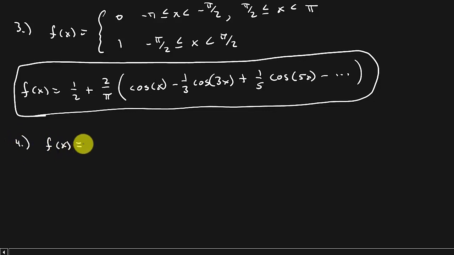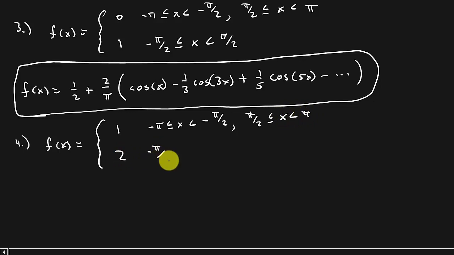So for number 4, we've got f of x is equal to 1 from negative pi less than or equal to x less than negative pi over 2, and then pi over 2 less than or equal to x less than pi, and then 2 for negative pi over 2 less than or equal to x less than pi over 2. Okay, so we went through all the grueling, tedious work to find this answer right here for this problem.